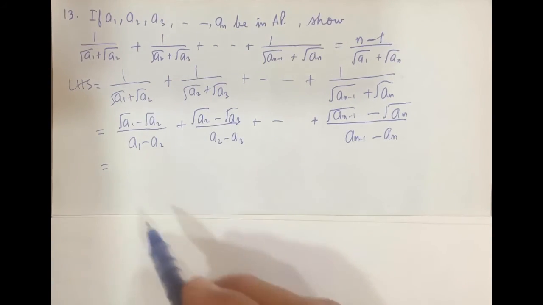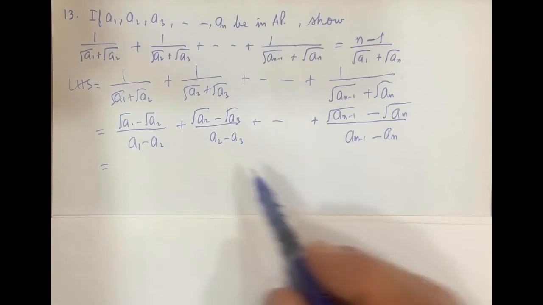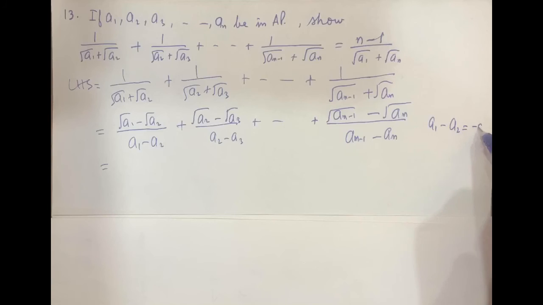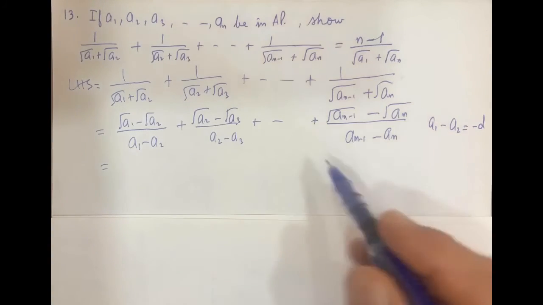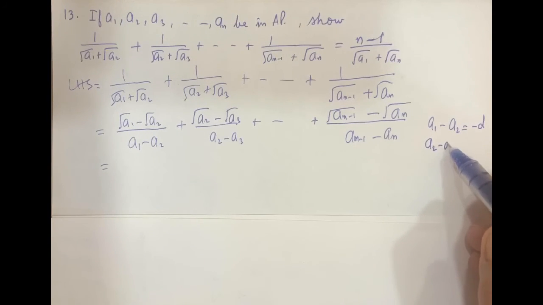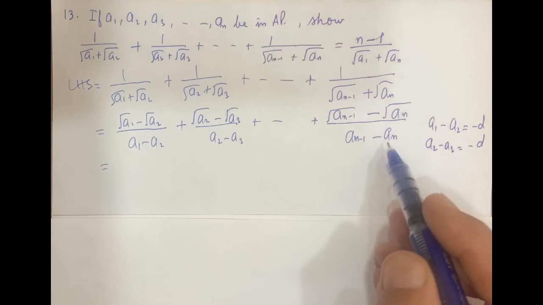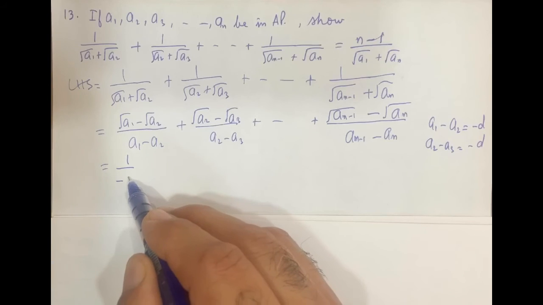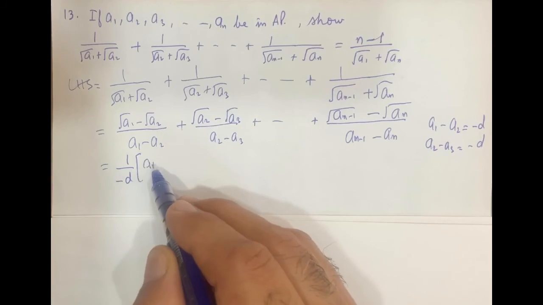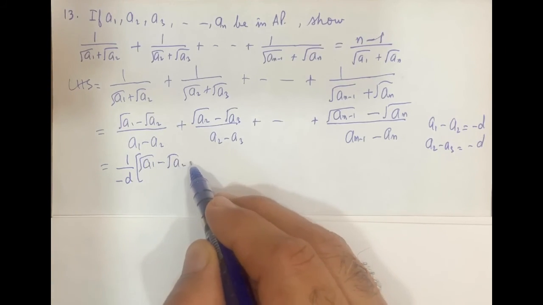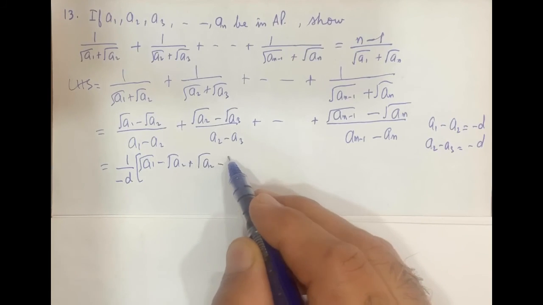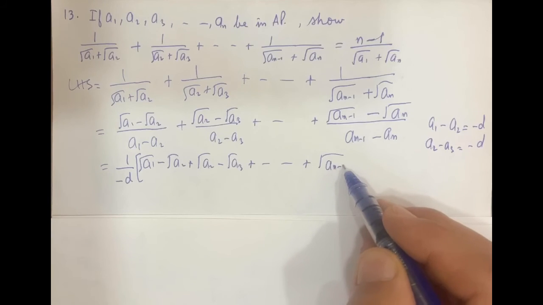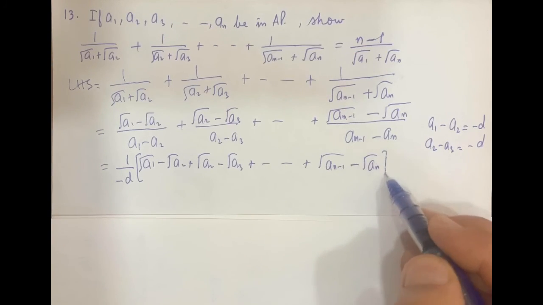So what do we observe? That the denominator in each, a1 minus a2, is equal to minus d. Similarly, a2 minus a3 is minus d, and this is also minus d. So let's take 1 by minus d common. It's root of a1 minus root of a2 plus root of a2 minus root of a3 and so on up to root an minus 1 minus root of an.